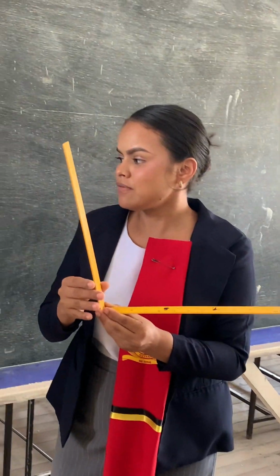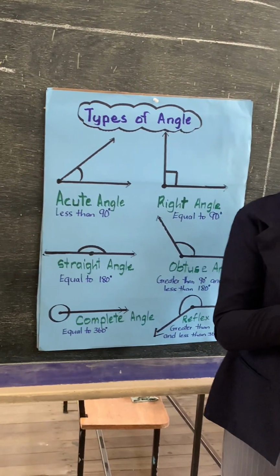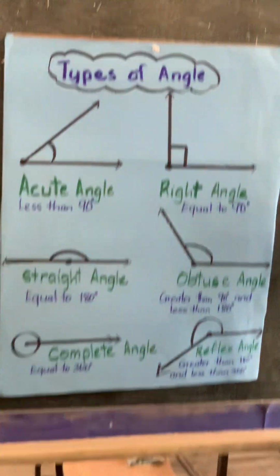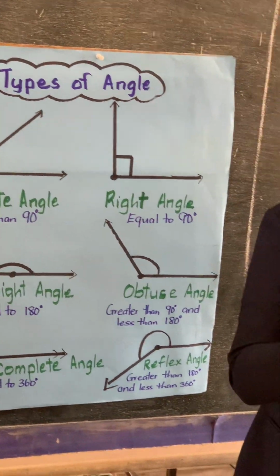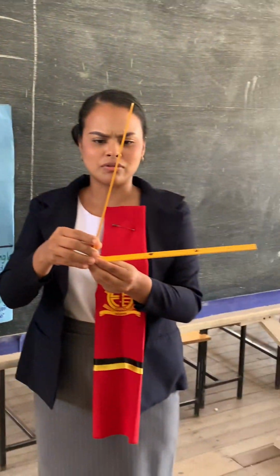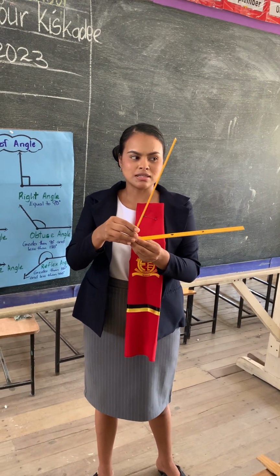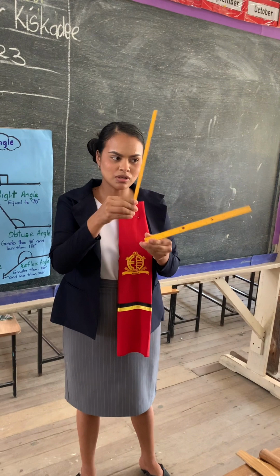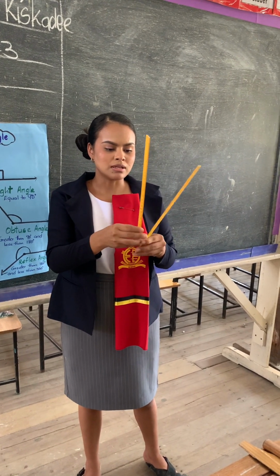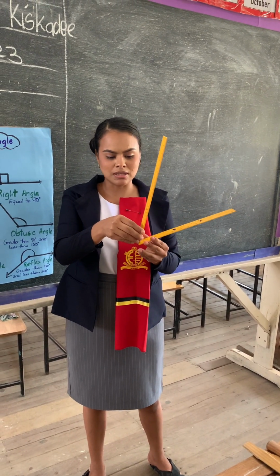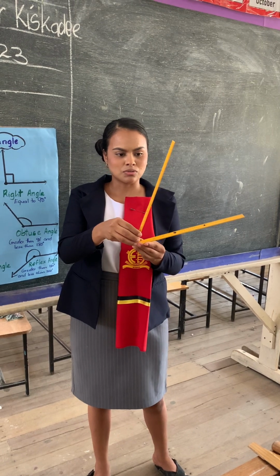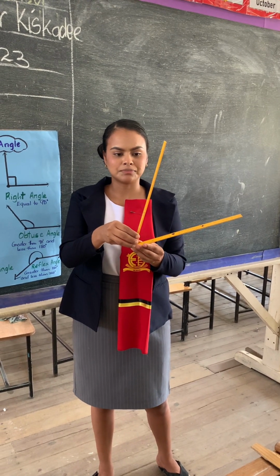Good. However, the acute angle is less than 90 degrees. So it would be maybe somewhere around like this. So as you can see again, we have two straight lines or two rays and the end point. The end point is here. So it is less than 90.